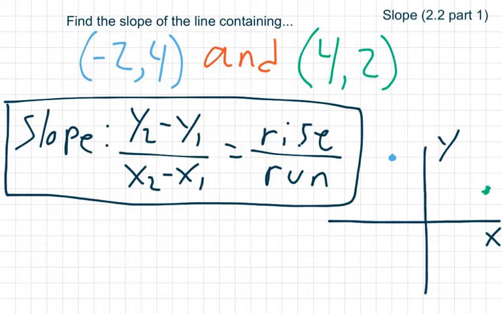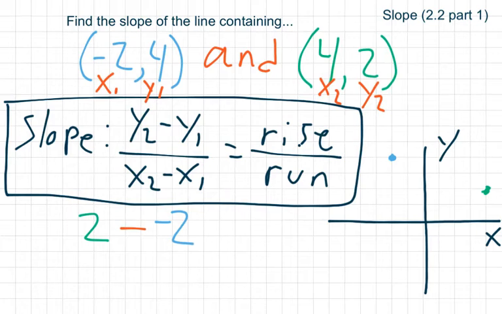So here's what happens. This is x1, because it's the first x. This is y1, again, first y. This is x2, second x. This is y2, second y. So what I'm going to do is just follow that formula exactly as you see it. So y2 minus y1. So that's 2, and then minus negative 2.